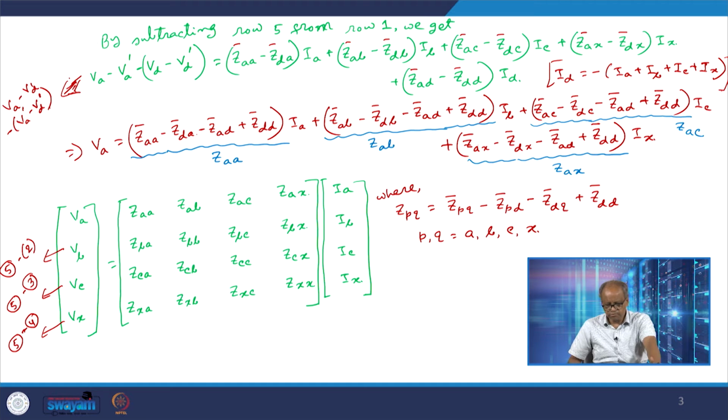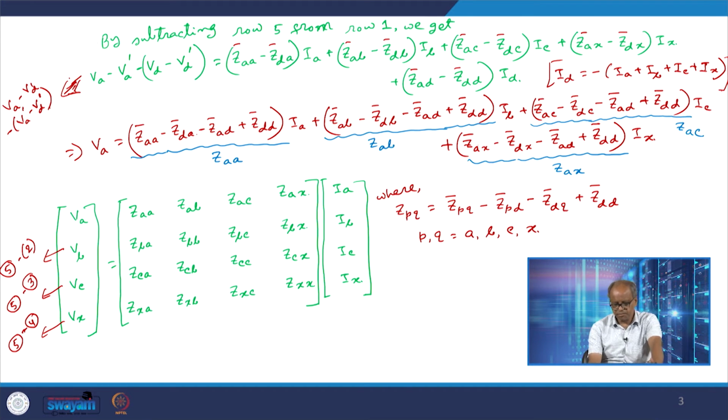So this is the general expression. For example, we can do a test. If I set P equal to A and Q equal to A, then I will get Z bar AA minus Z bar AD, then minus Z bar DA plus ZDD.